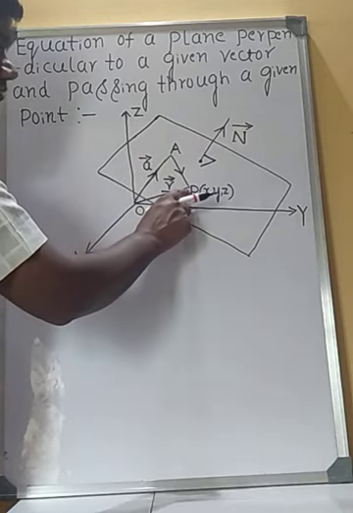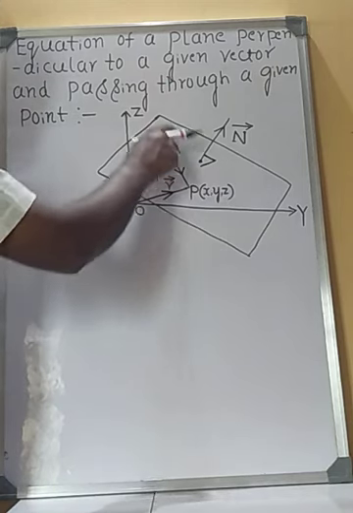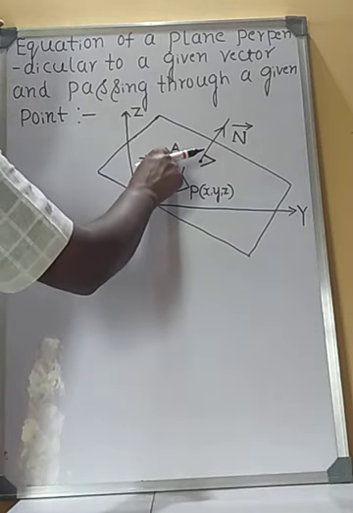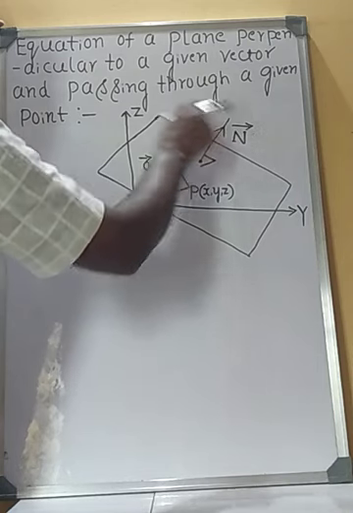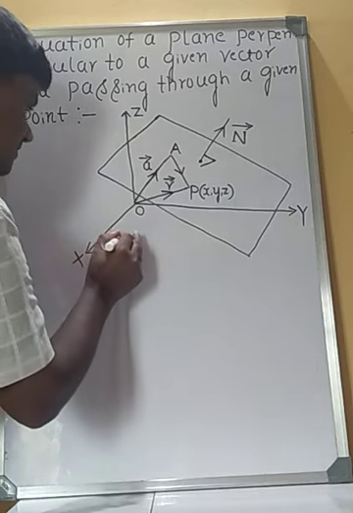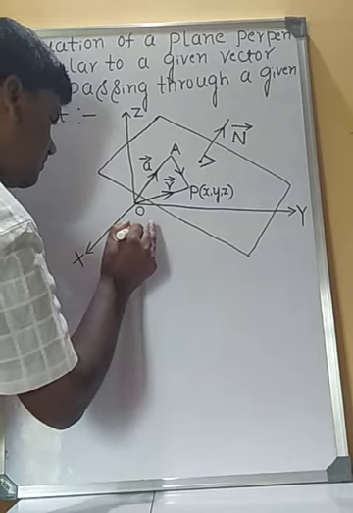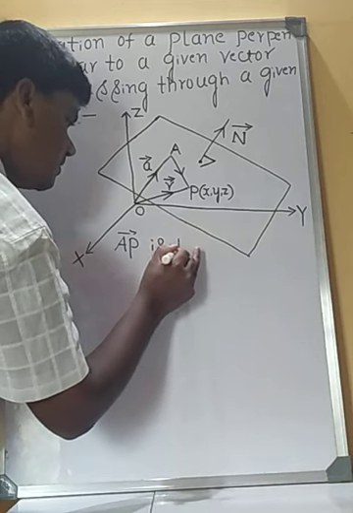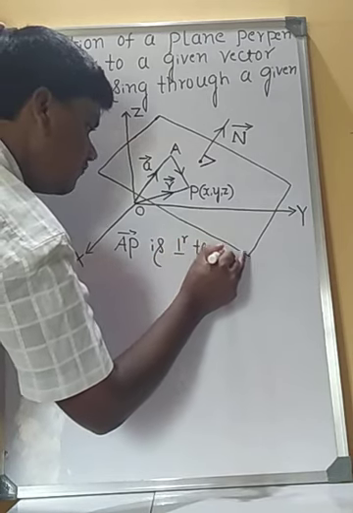Then the point P lies in the plane if and only if AP vector is perpendicular to n vector.